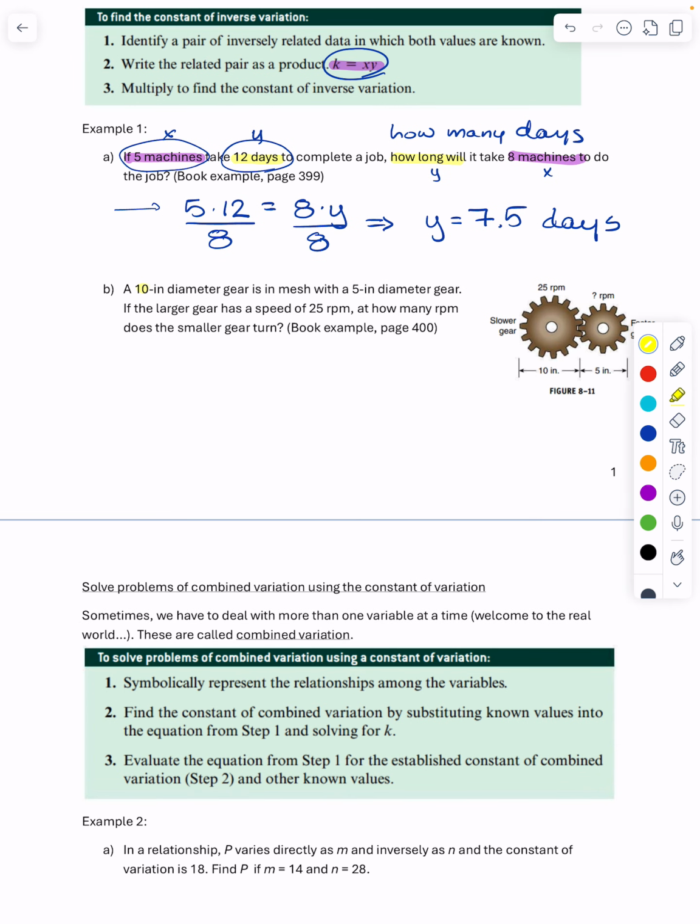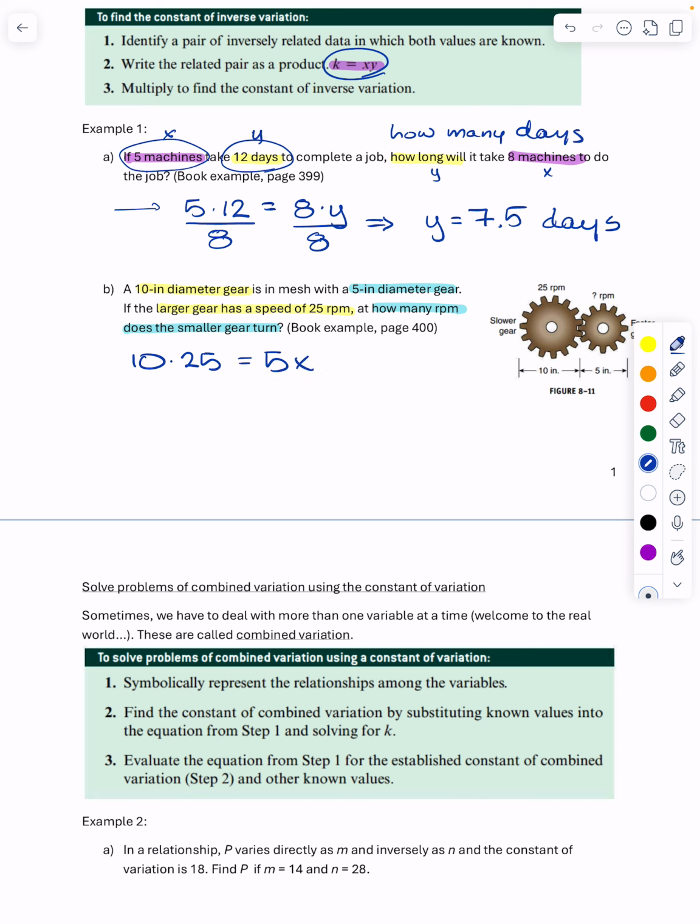So I've got a 10-inch diameter gear in mesh with a 5-inch diameter gear. 10 inches obviously larger. The larger gear has a speed of 25 revolutions per minute. So I want to know the revolutions per minute for the smaller gear. My 10-inch gear has a speed of 25 revolutions per minute.